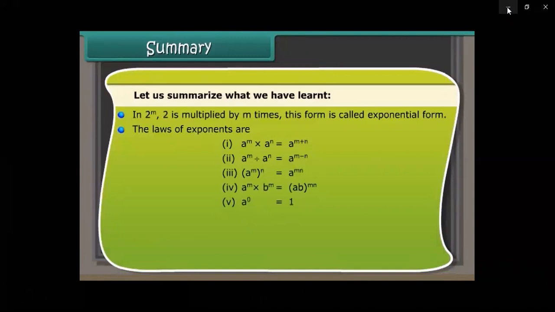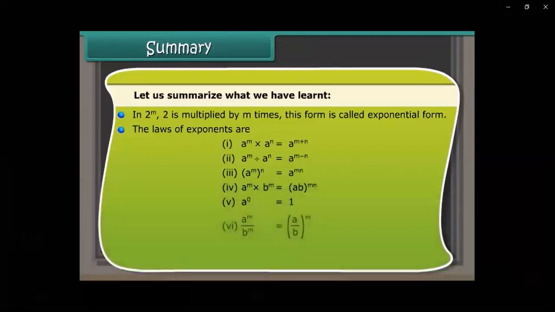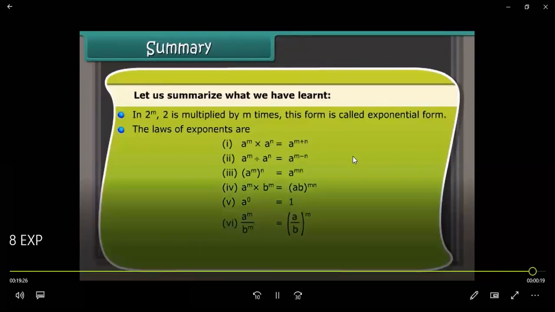Then final is a raised to the power 0 can be written as 1. Okay, it's always 1 for any base which is having exponent 0. So it is always 1. Then last one is a raised to the power m by b raised to the power m, that is equals to a by b whole raised to the power m.